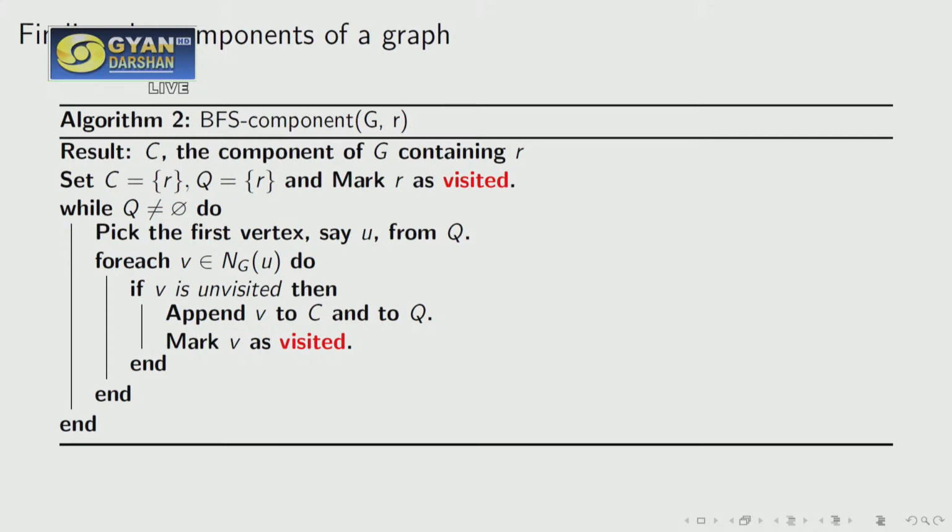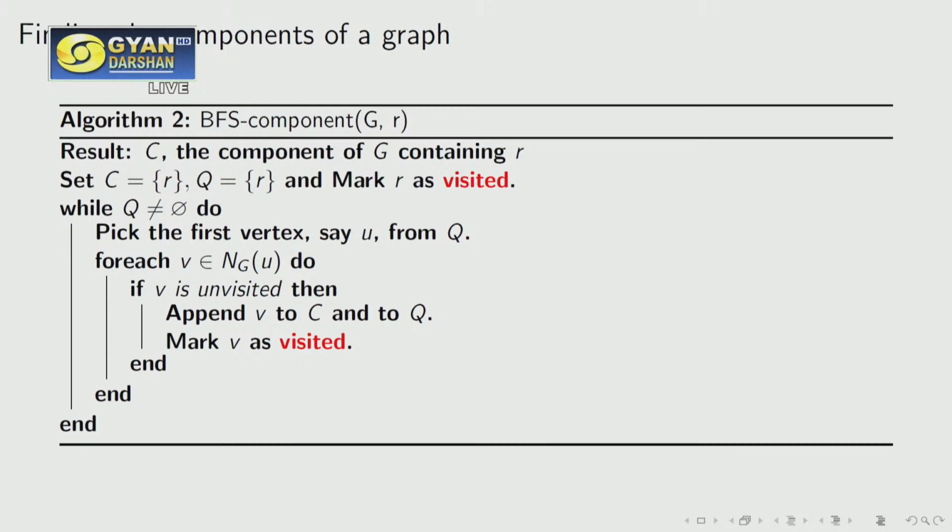No matter what root you choose, you will always land up with the same component, because it is a maximal connected graph. So if you pick one vertex, you can simply extend it by including all its neighbors, and then their neighbors, and so on, as long as you can reach the other vertices from the root vertex. Okay, so let's now look at what this algorithm actually does.